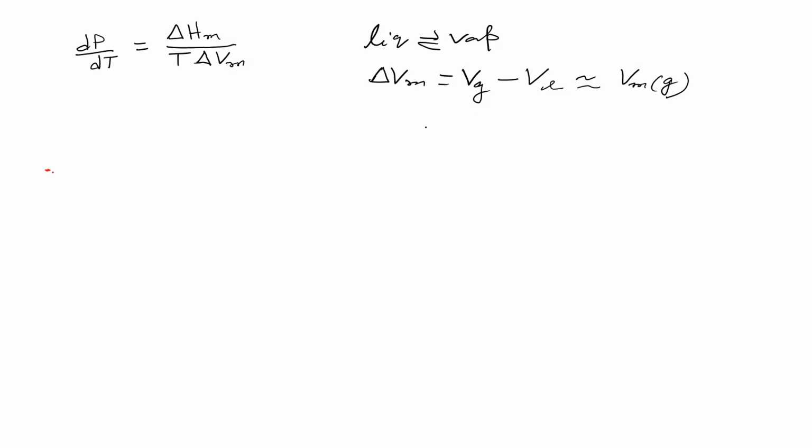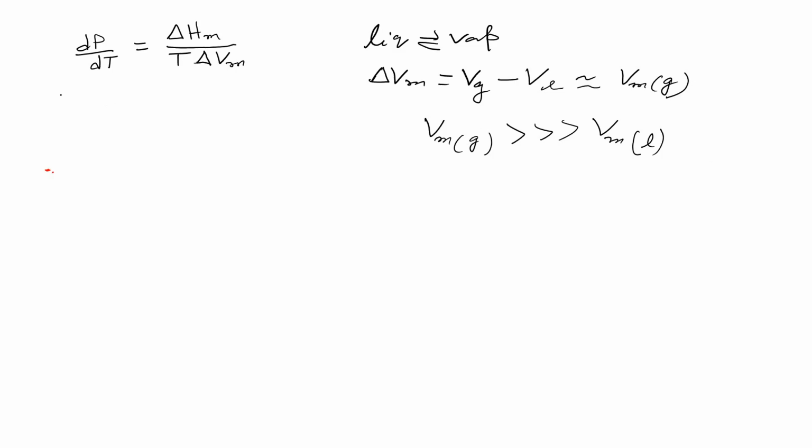Why? Because this molar volume of the gas is much higher than the molar volume of the liquid. Here I have taken liquid vapor equilibrium. You can take it for solid vapor equilibrium also. That's why I am writing here the molar volume of liquid, right?